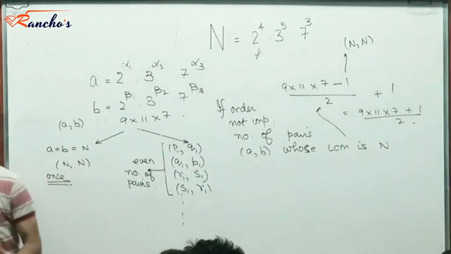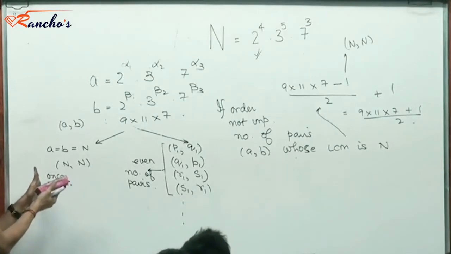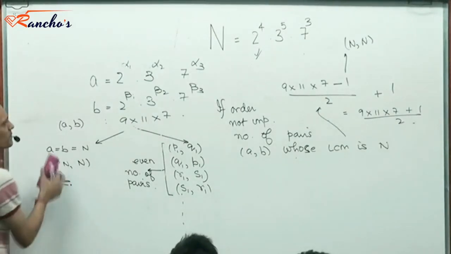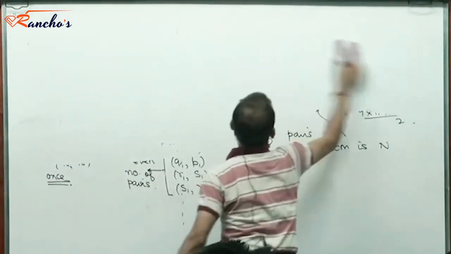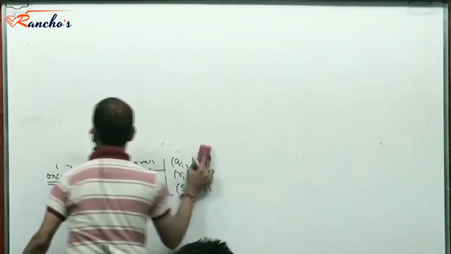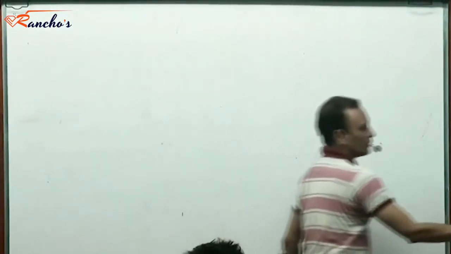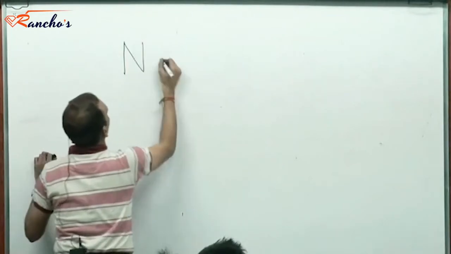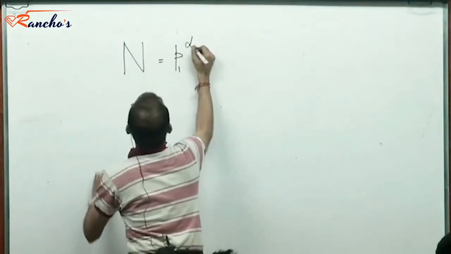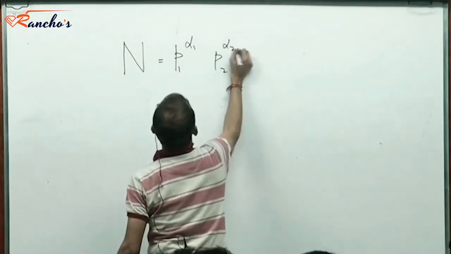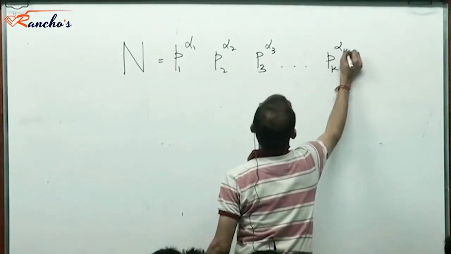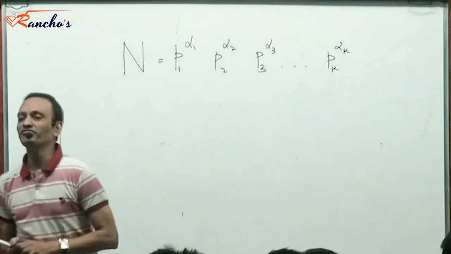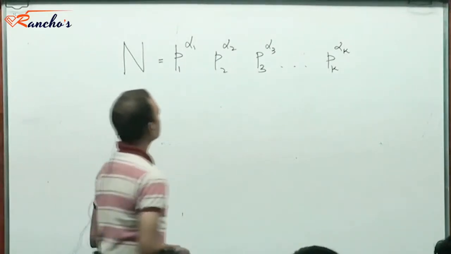Now, just to put everything in perspective in a generalized frame, can I wipe this off? Suppose I had a number n which is P1 to power alpha 1 into P2 to power alpha 2 into P3 to power alpha 3 into Pk to power alpha k, where P1, P2, P3, Pk are prime factors of n, right?